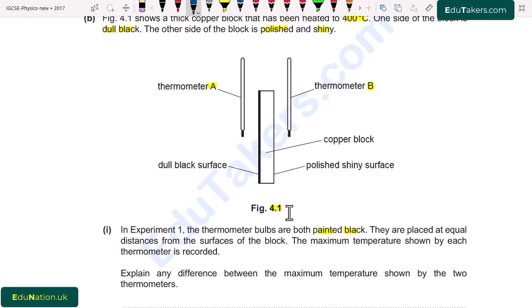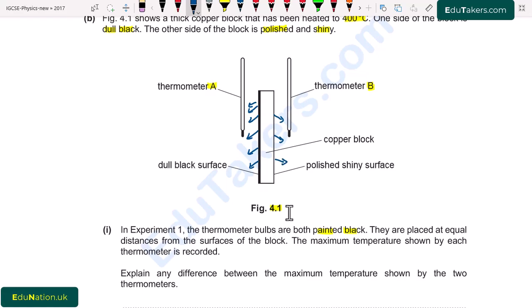we can see here that one side is dull black, while the other is a polished shiny surface. The dull black surface is basically the best radiator of energy, so the energy radiation here will be larger, and the polished shiny surface will radiate less energy.